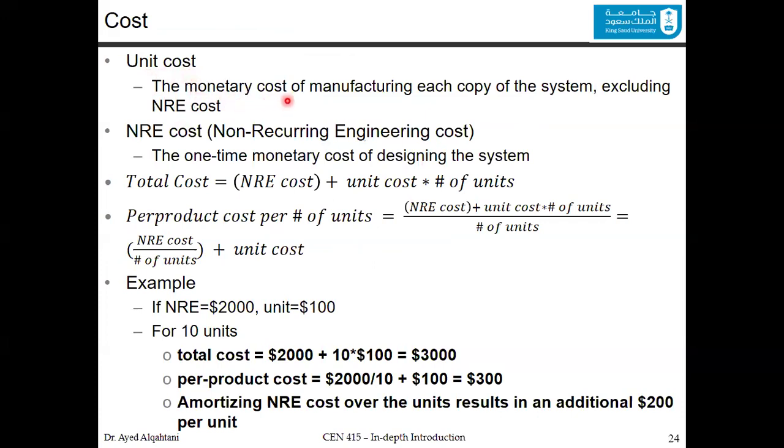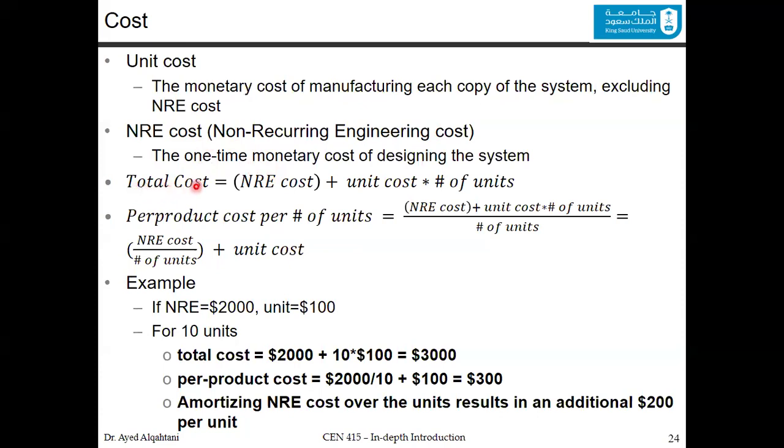So to understand costs, or how to calculate the cost of chips, we have a unit cost, which is the monetary cost or the monetary value of manufacturing each copy of the system, excluding the NRE cost. The NRE cost is the non-recurring engineering cost, which is the one-time monetary cost of designing the system. You pay it only once, and that's it.